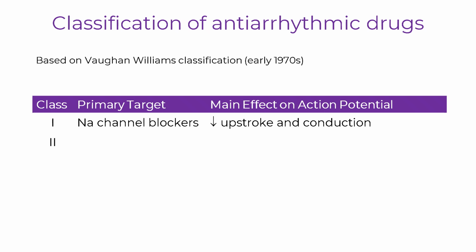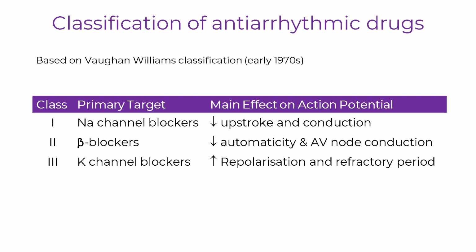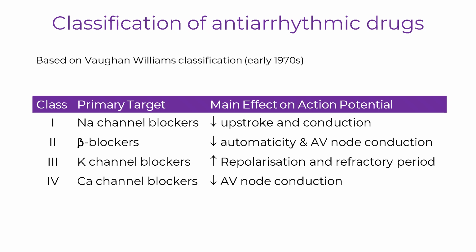Class 2 drugs are beta blockers, which reduce sympathetic influences on the heart rather than acting directly on ion channels. Class 3 drugs block potassium channels and delay repolarisation. Class 4 drugs block L-type calcium channels and primarily affect the atrioventricular node.